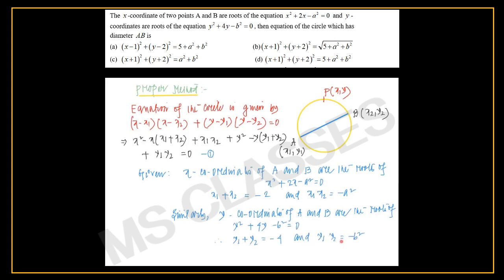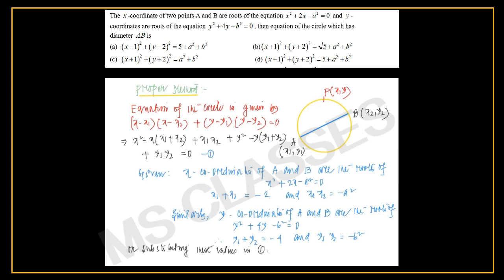Now what we'll do, we'll simply substitute these values in this equation 1 and we are done. So on substituting these values in 1, what we get?